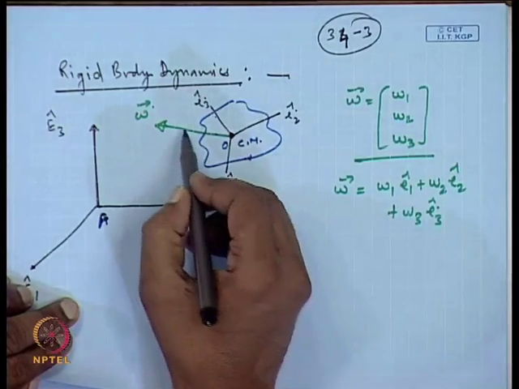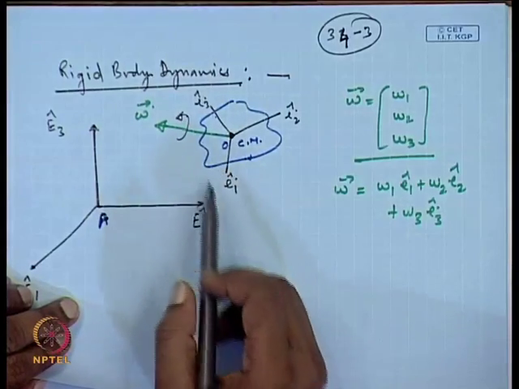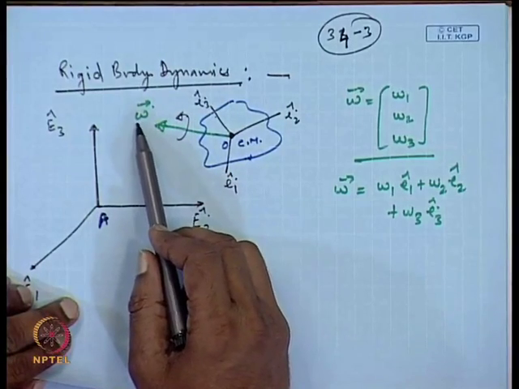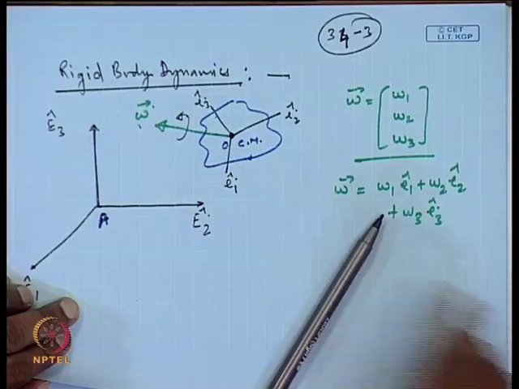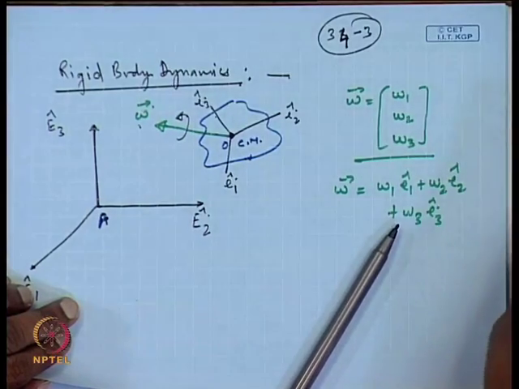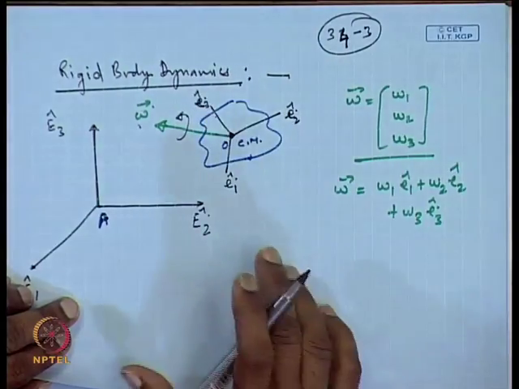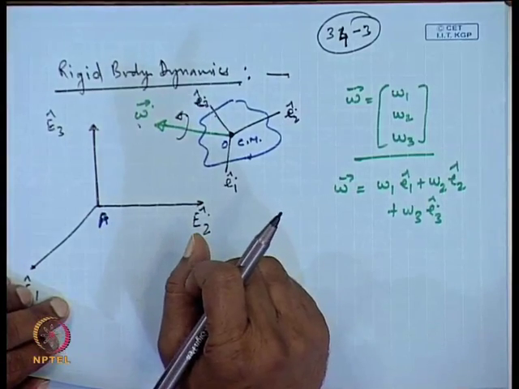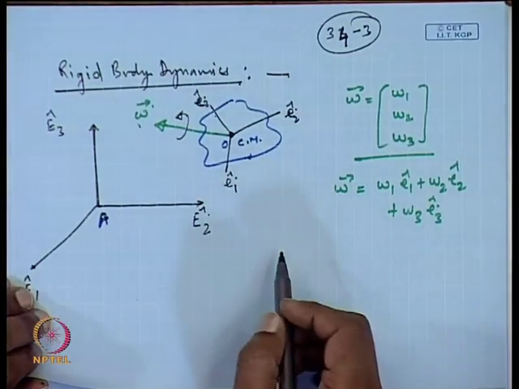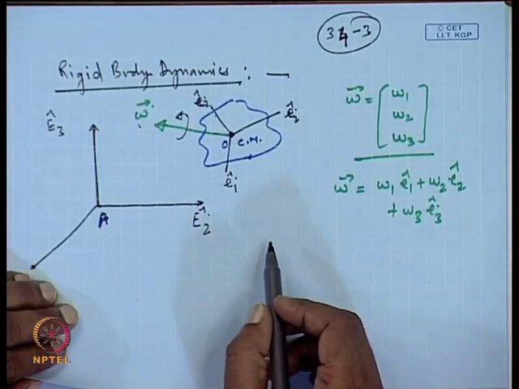So, this body is rotating with angular velocity omega. Now, what we need to do here is describe the rotational motion of the satellite. For that, we need to proceed from scratch and work out the whole thing.